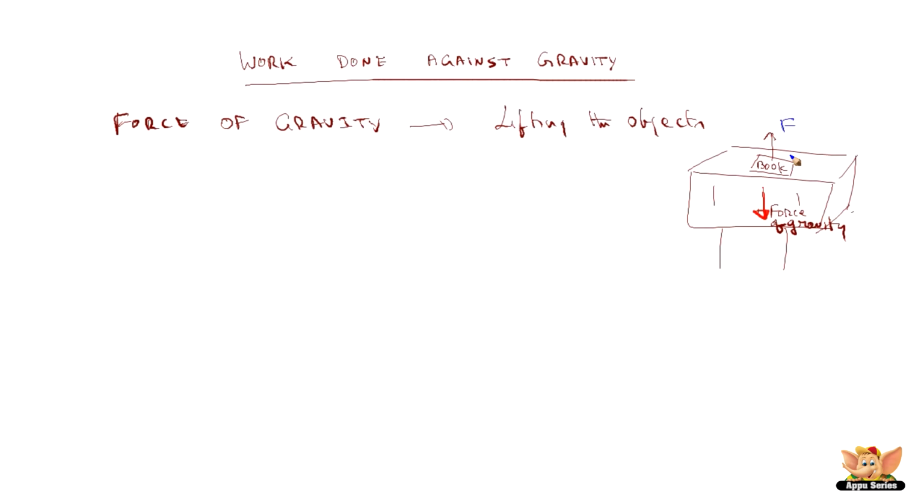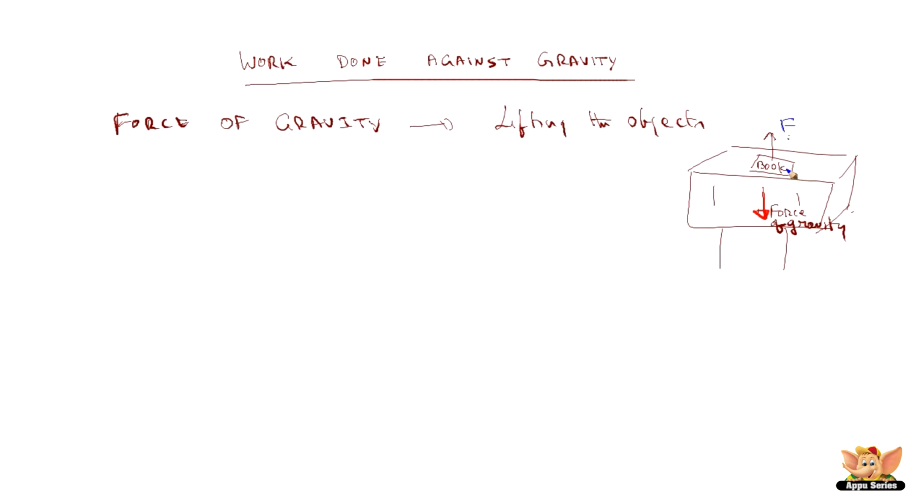So there are two forces acting on it. There was work done because we lifted the book and it has moved from one position to another. There is a force acting on it and there is a displacement of the book, so both the conditions of work are satisfied. Hence we say work is done on the book by this force.